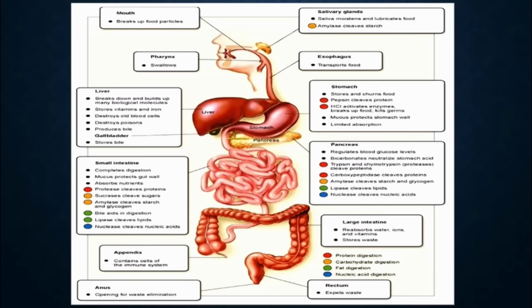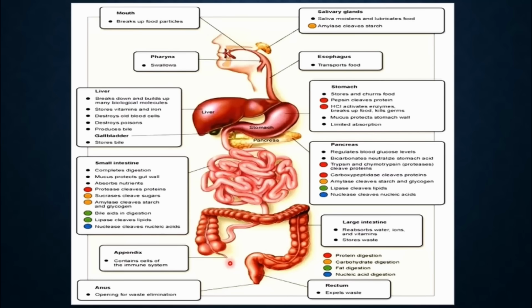So this type of flow chart, supporting a diagram with the concepts mentioned in boxes, will be helpful. You can see that the digestive system starts from the mouth itself, and also the salivary glands, and then goes to the pharynx, esophagus, liver, stomach, small intestine, pancreas, large intestine, appendix, rectum and anus.